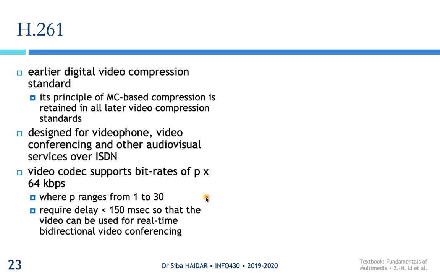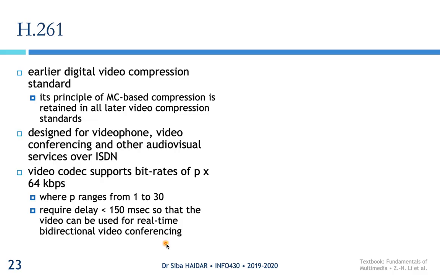So you must make the data enter at less than a certain p variable, that can be 1 up to 15, for example, 15 times 64 kilobits per second for decoding and encoding, where p ranges from 1 to 30, and this requires a delay of less than 150 milliseconds, so that the video can be used for real-time bidirectional video conferencing.